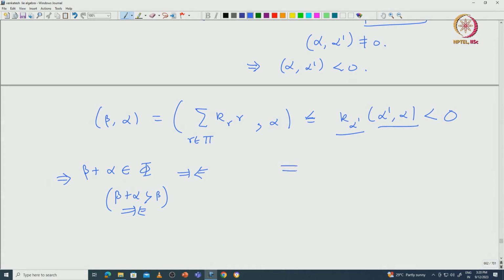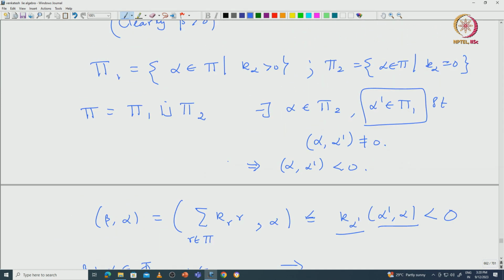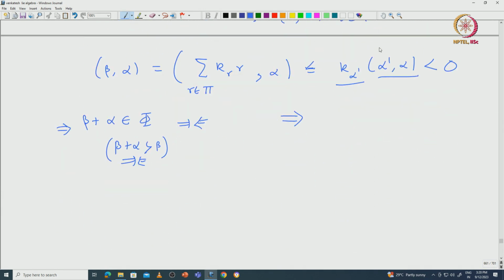This only happened because we assumed that pi 2 is non-empty. So, that proves that pi 2 must be empty.